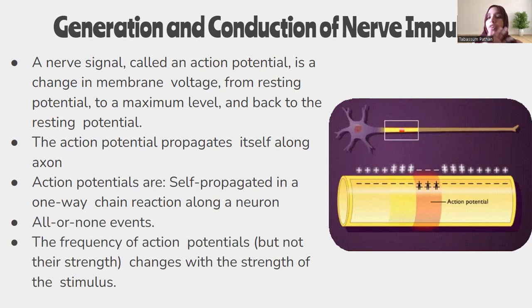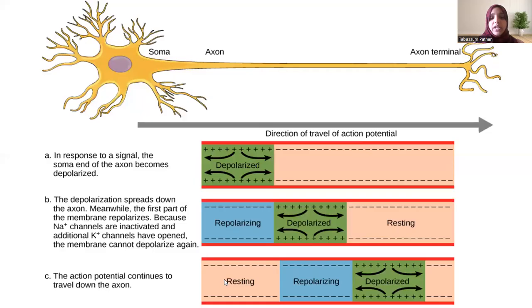A weak signal will not trigger the change in membrane potential. If multiple weak signals come together, they make one strong signal, and then it can cause the electrical impulse to be conducted through the axon of the neuron. There should be a threshold stimulus for the neuron to get excited. So the frequency of the action potential changes with the strength of the stimulus.